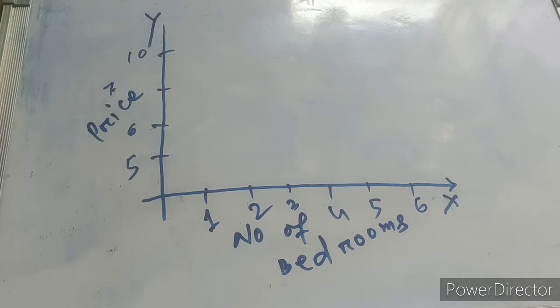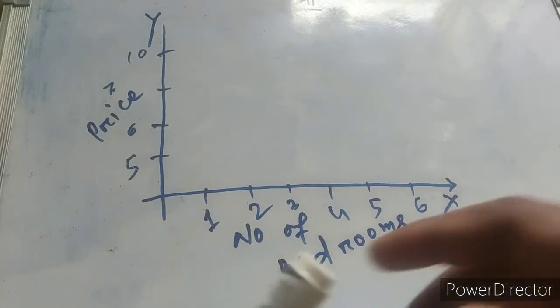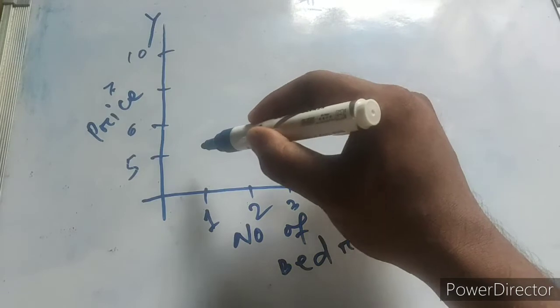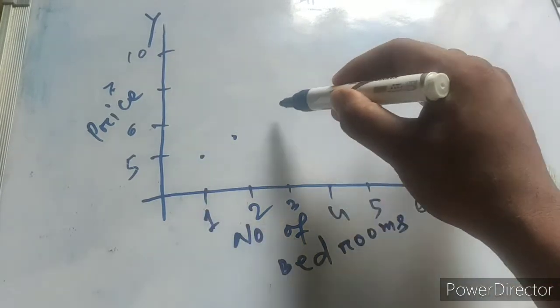As the number of bedrooms is an independent feature, we have kept it on the x-axis, and the price is the dependent feature. Here, as we can see, it is kept on the y-axis. As the number of bedrooms is increasing, the price is also increasing. So the data set is something like this.